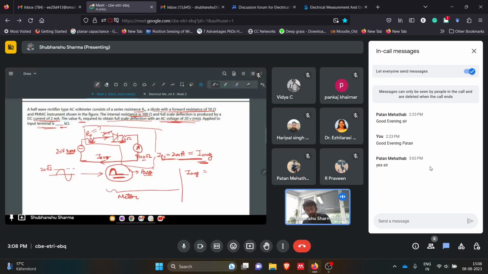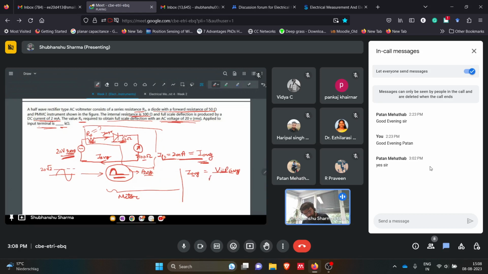So this I average will be equal to the average of the voltage, because we are dealing in average, divided by the total resistance of the circuit. This is simple, this is basically Ohm's law.